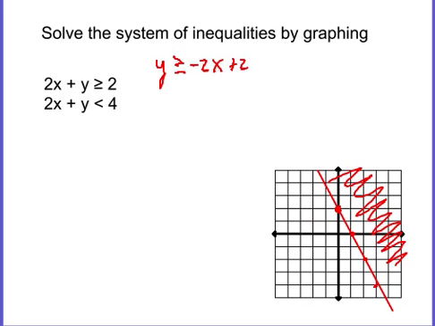Oops, wrong button. Now this one, we would subtract 2x. So y is less than negative 2x plus 4. So plus 4 is right here. They have the same slope, so they're parallel.